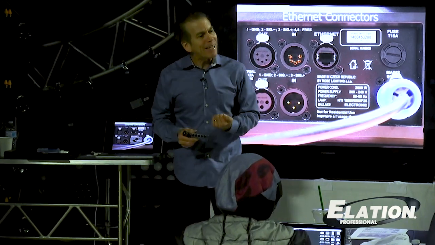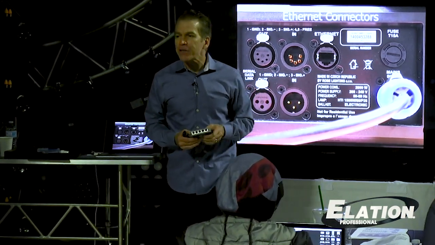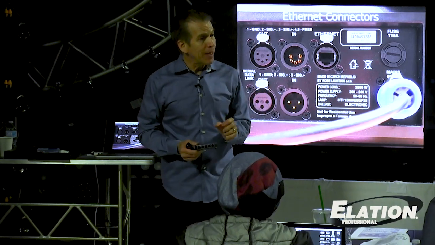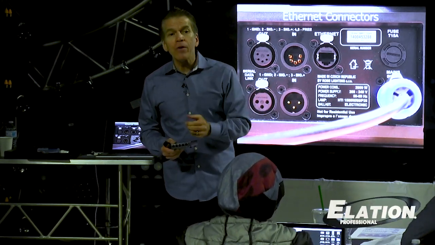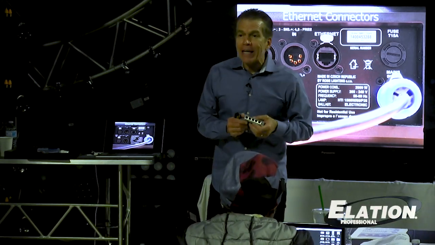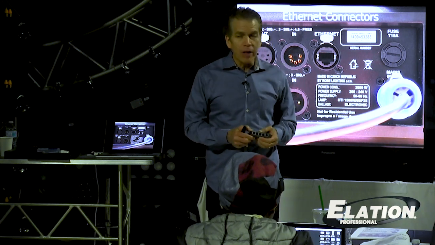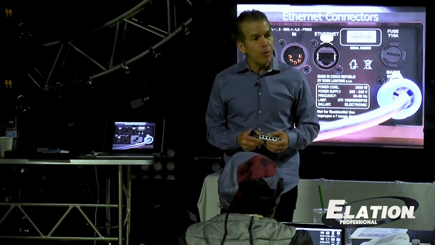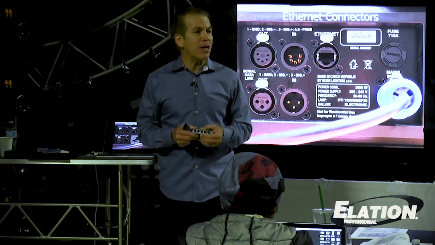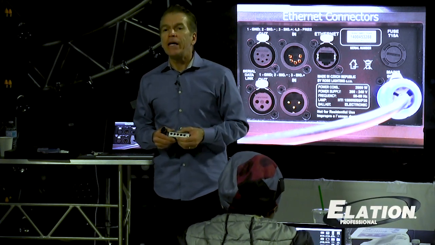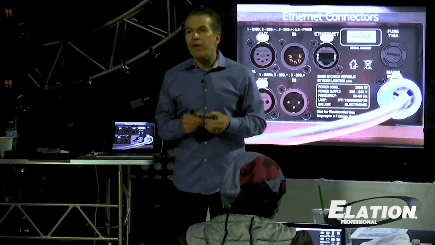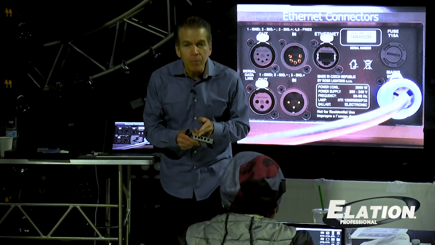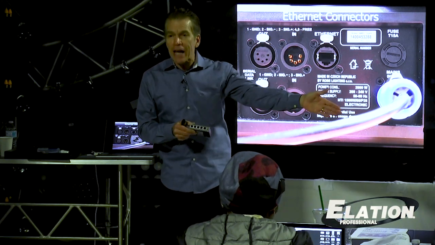The switch has to get that data, and it has to look at the packet. And in the header, it'll tell the receiver what kind of data it is. Is it DMX? Is it RDM? What is it? And also, it'll tell you the destination address. So if the data is intended for another fixture, then it's going to output it on the output port and send it to the next fixture.